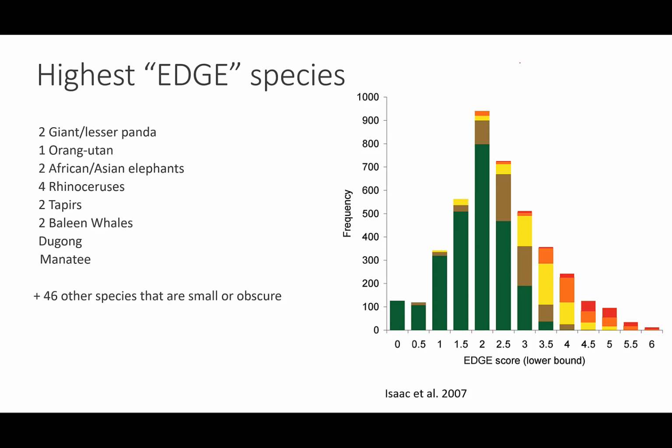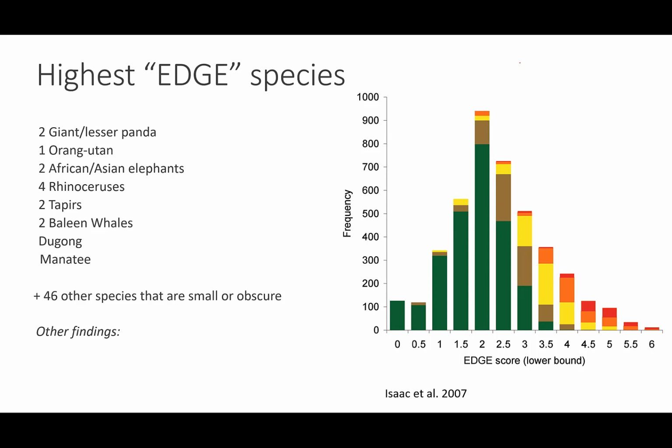Yes, it is very easy to convince the public and other stakeholders that we should invest more money and more resources into conserving the giant panda because it's a sexy, cute, fuzzy animal. If you compare that to a little obscure shrew from Southeast Asia, that becomes really, really difficult to sell.